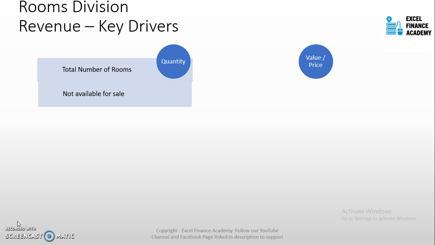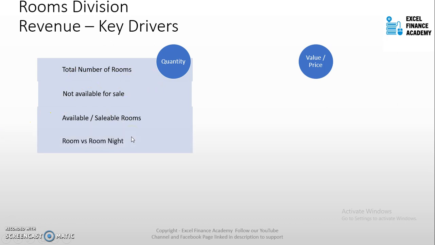Those are called not available for sale. After deducting these, we get the number of rooms available for sale. All the statistics, whether occupancy percentage or average daily rate, are calculated from the available or saleable number of rooms. We never calculate the hotel occupancy or hotel ADR from the total number of rooms.